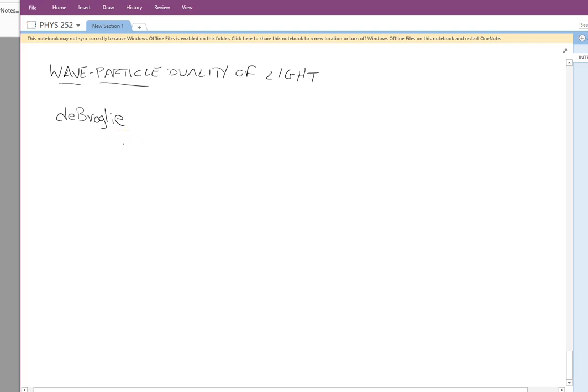Light is a form of energy. So if we see this wave-particle duality of energy, light, maybe there is a corresponding wave-particle duality to matter. Is that a valid assumption?